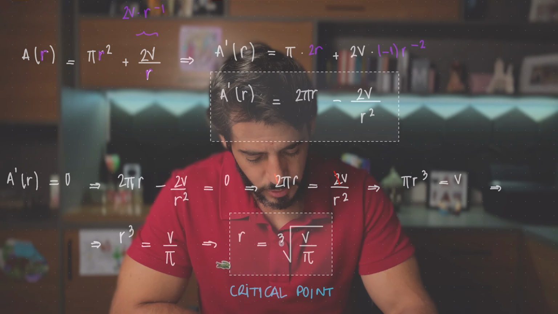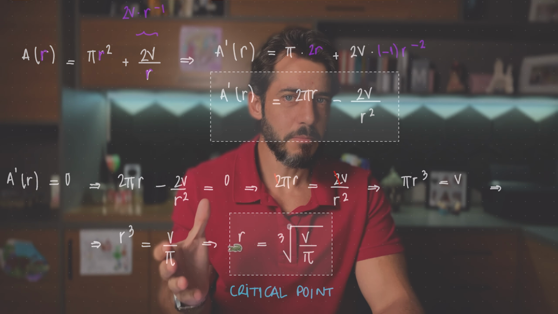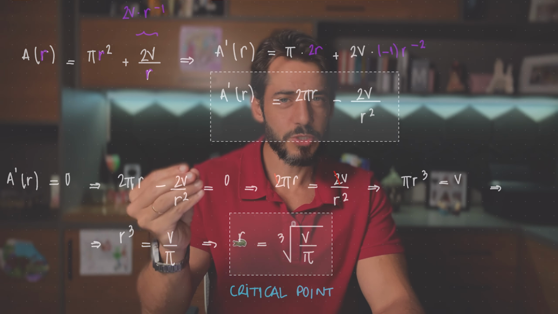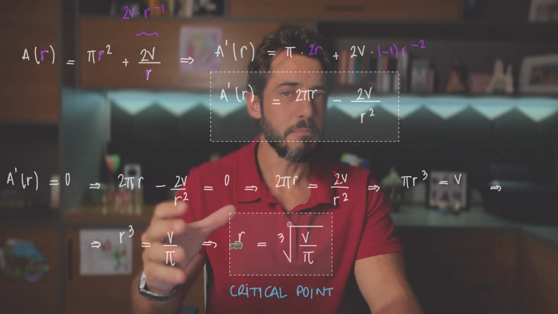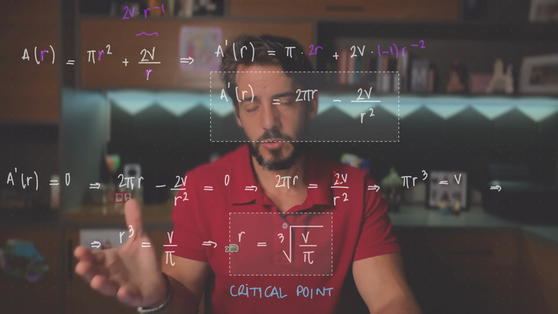Now, the million-dollar question is, is this a max or a min? Did we actually get a critical point which generates a minimum surface area? And in order to assess that, we need to use the first or the second derivative test. For this specific exercise, given that finding the second derivative is not that tricky, it makes more sense to use the second derivative test, which means that we're going to differentiate A of r again, and we're going to replace that critical point into the second derivative.